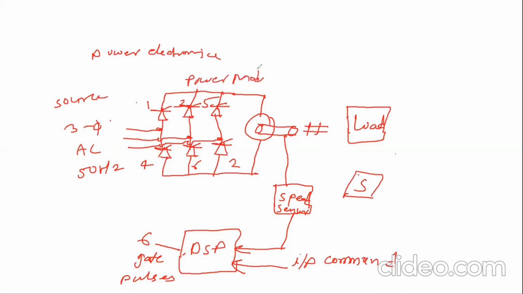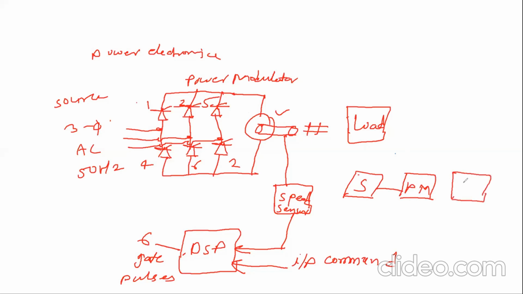So I will draw the power modulator here. The source is feeding the power modulator, and the power modulator's output power is given to the DC motor. Here is the motor.